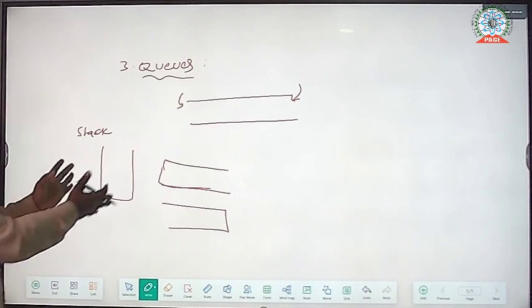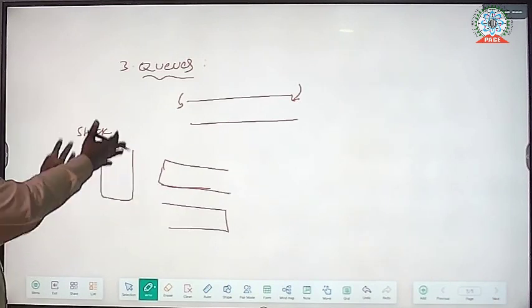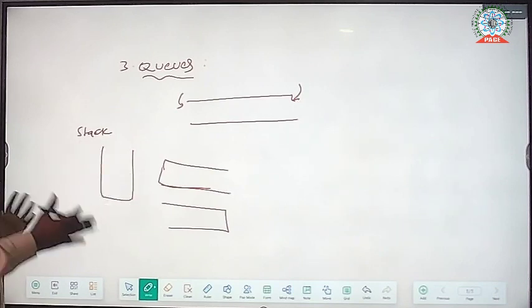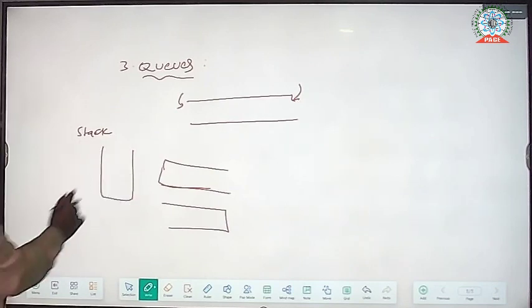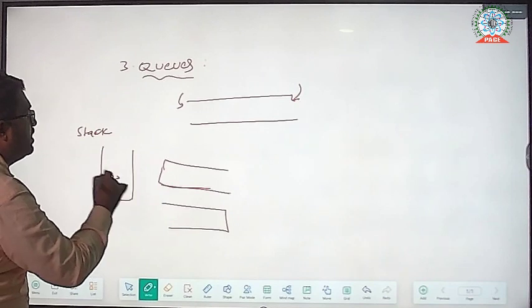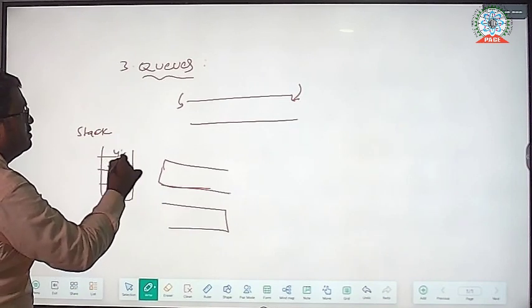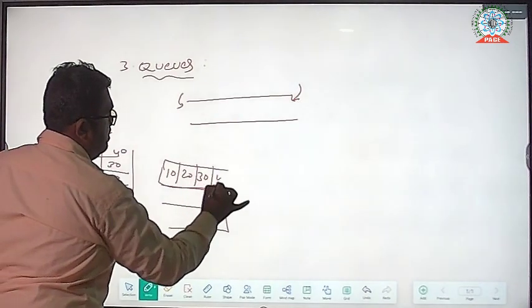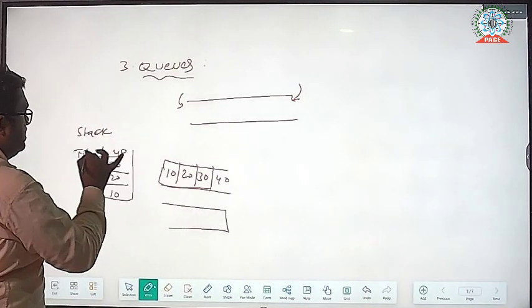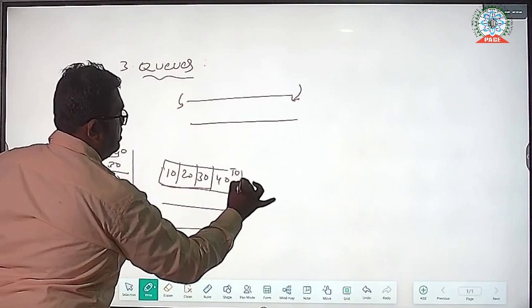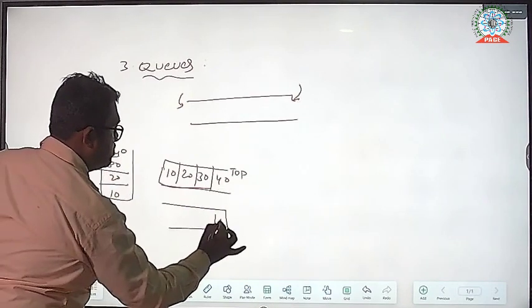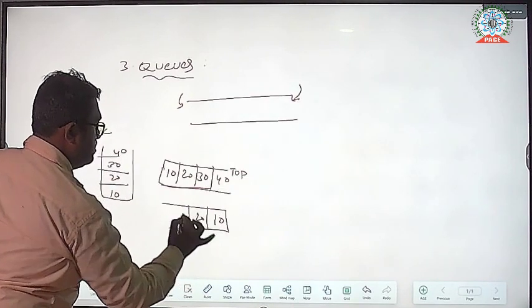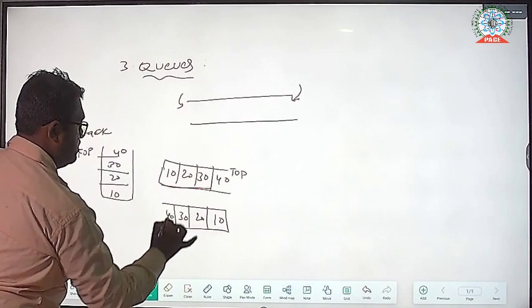We can draw the diagram in any way, but the arrangement should be linear, like 10, 20, 30, 40. Here also 10, 20, 30, 40. This is the top position. Here also 10, 20, 30, 40.